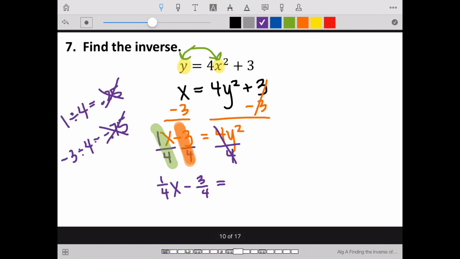And that's going to equal y squared. And the opposite of squared is square root. So my final answer, y equals the square root of 1/4 x minus 3/4.